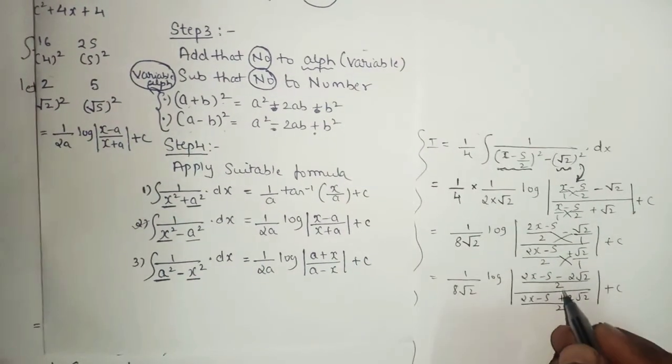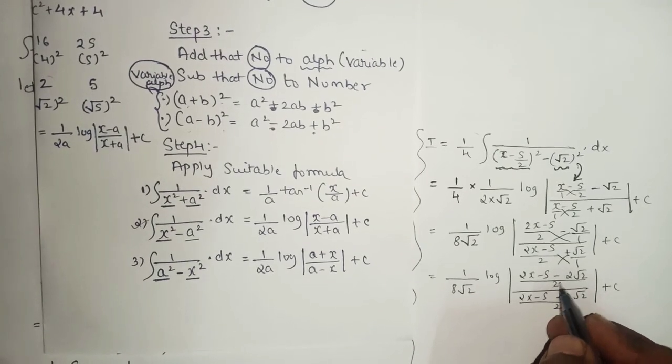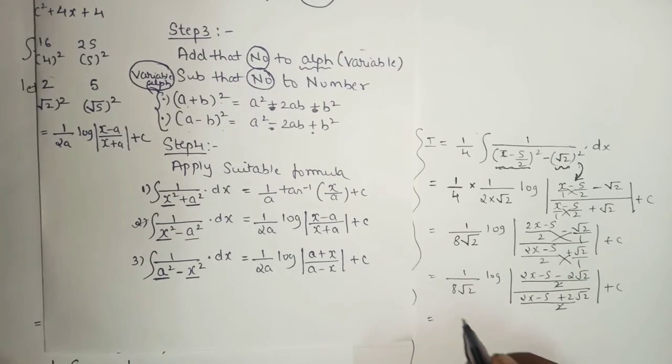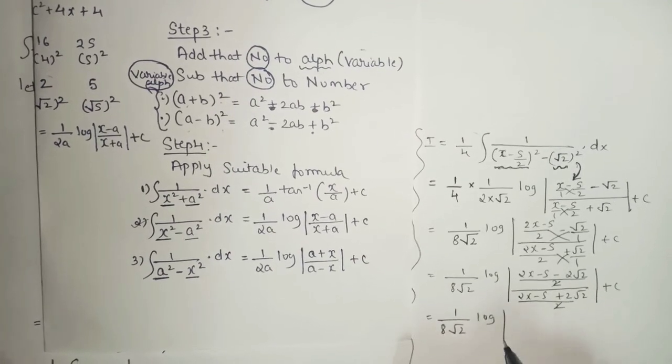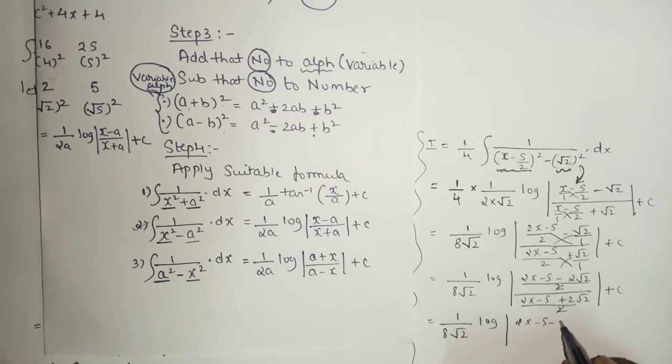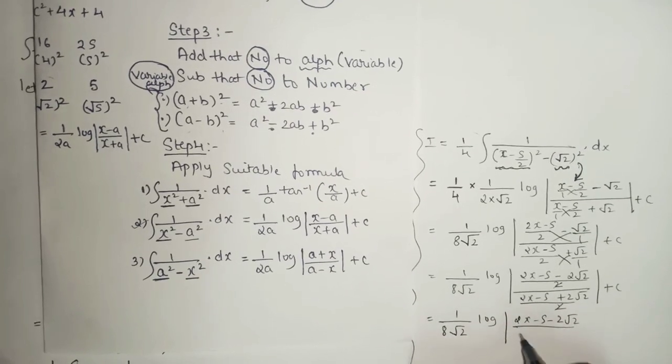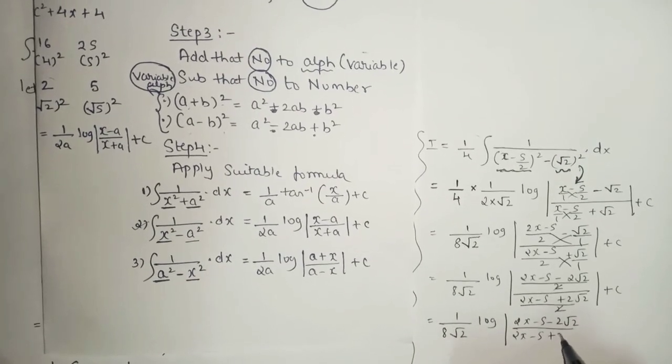In the next step, clearly we can see that in the denominator we have 2 common. So in the next step, we're left with 1 upon 8 root 2 log 2x minus 5 minus 2 root 2, 2x minus 5 plus 2 root 2.